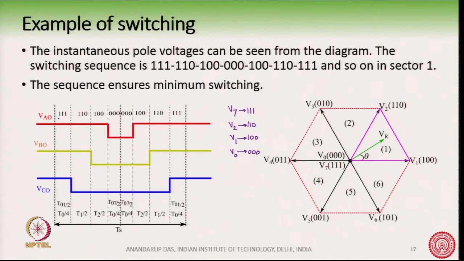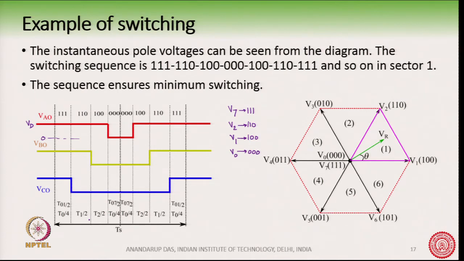When we have 111, it means that A phase, B phase and C phase, all 3 are having one state. So, which means that if this is 0, this is Vd, then Vao, Vbo, Vco, all 3 are Vd during this point of time. Next is the T1 time period.